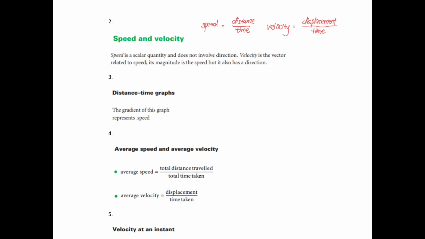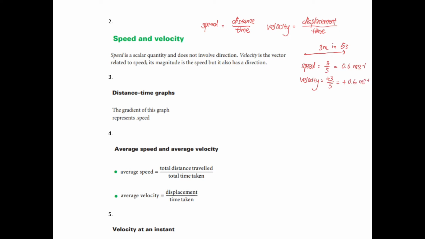So let's see one example. If I have an object that moves to the right 3 meters in 5 seconds, the speed is 3 over 5, which is 0.6 meters per second. The velocity is positive 3 over 5, which is positive 0.6 meters per second.